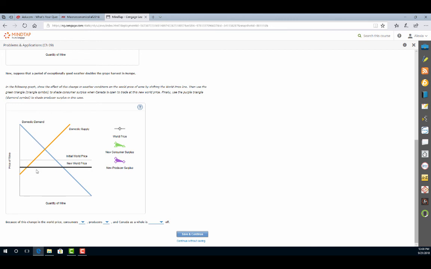And notice before, what they would pay was up here, but now it's even lower. So as you'll see, the area for the consumer surplus has grown with this new world price being lower. And then I think it's somewhat clear to see what happens to the producer surplus. So I think you should be good with this question now.